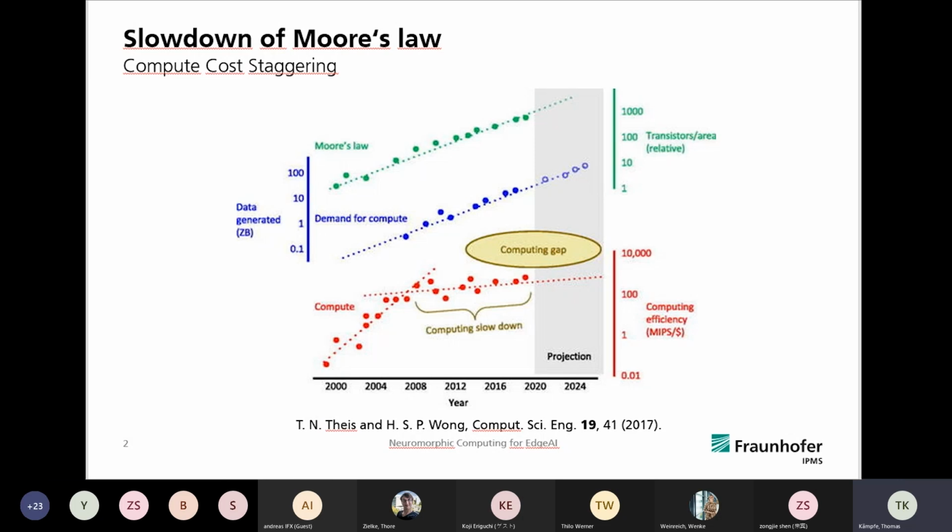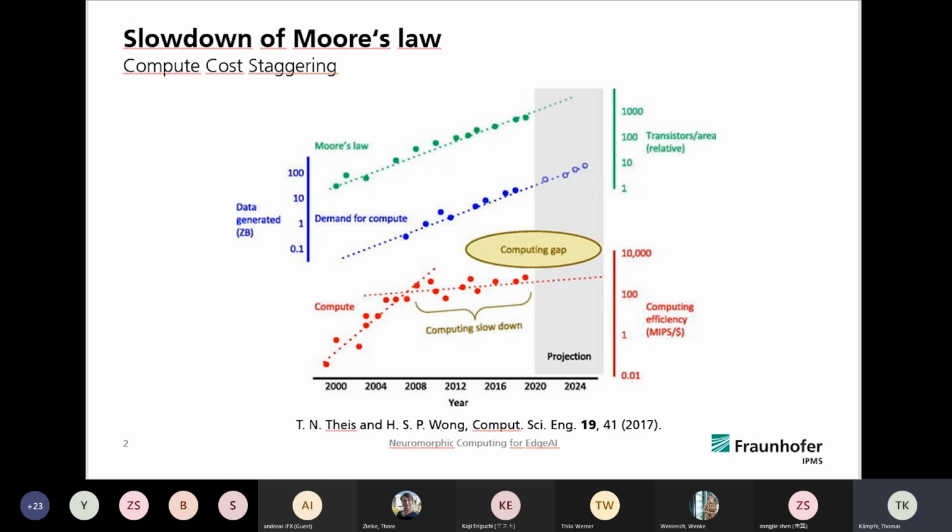The number of transistors per area increases by a factor of 2 every 12 to 24 months, and Moore's law has held for several decades and still follows until this day.